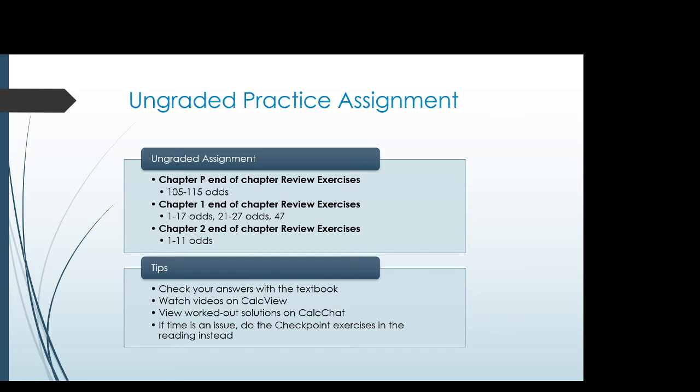If time is an issue this week and you're running out of time to do all those problems, at least do the checkpoint exercises that are in the reading. At the bare minimum, do those, because the website LarsonPrecalculus.com has solutions to all those checkpoint exercises in video form. So you can always check your work with those. That's an option as well.